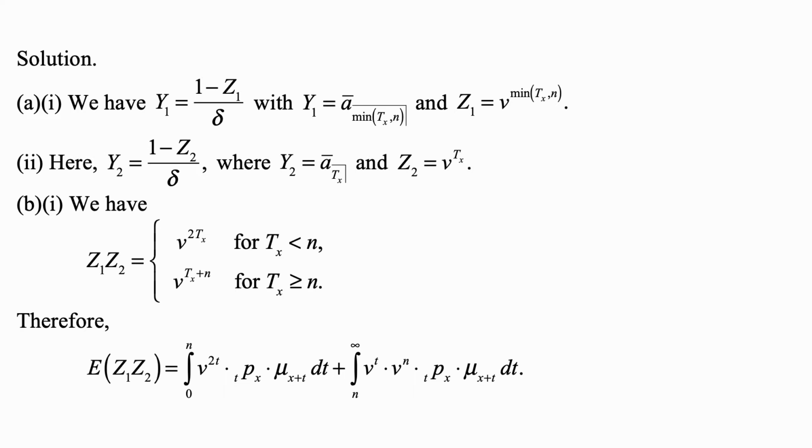Part B, part 1. Z1 Z2 is equal to v to the 2Tx for Tx less than n, and v to the Tx plus n for Tx greater than or equal to n.